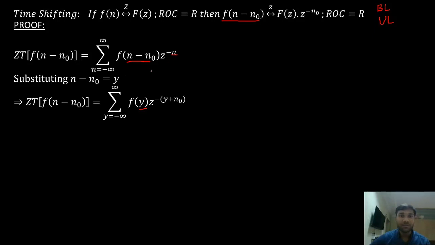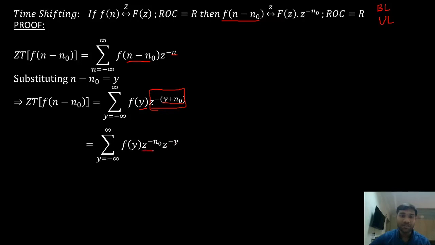So n is equal to y plus n naught, and my limits will now be for y. What will be the limits for y? When n is equal to minus infinity, y is minus infinity. When n is equal to infinity, y is also equal to infinity. Now this term here, I am going to split into two terms, z to the power minus y and z to the power minus n naught.